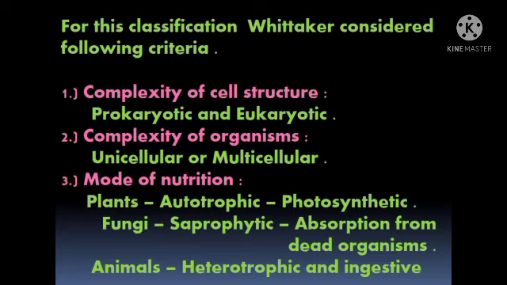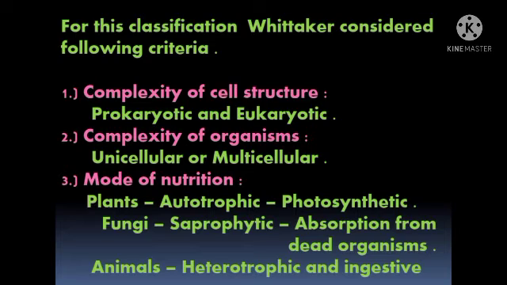The first mode is adopted by the plants, that is autotrophic nutrition, which is performed by photosynthetic method. So students, what does it mean? In plants, the mode of nutrition is autotrophic, and autotrophic means preparing their own food.